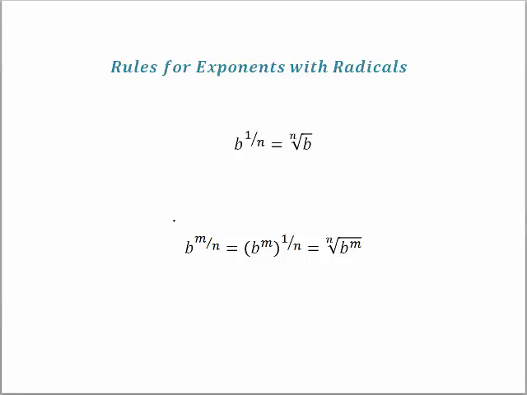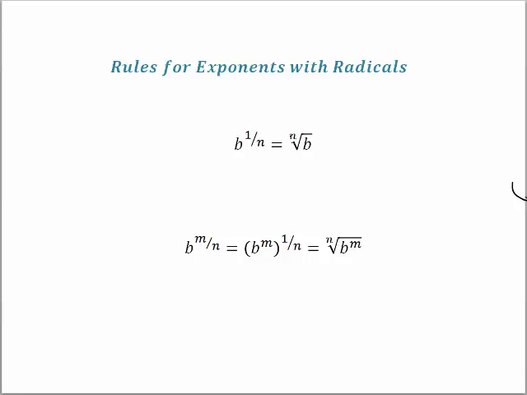Okay, here we have two new rules for exponents with radicals. That's what we're going to be working on in this video. We have b raised to the 1 over n. This is a fractional exponent. When we have a fractional exponent, we can work with that by putting in the radical sign.